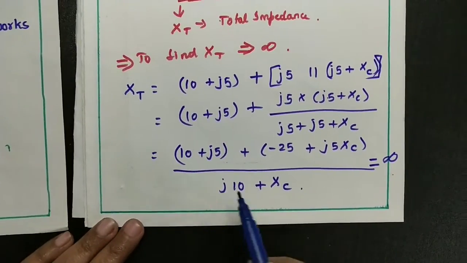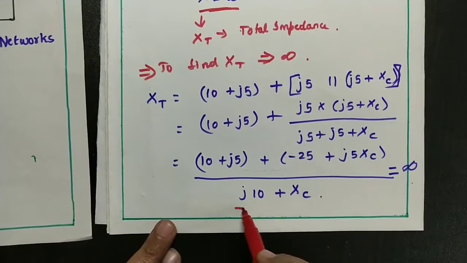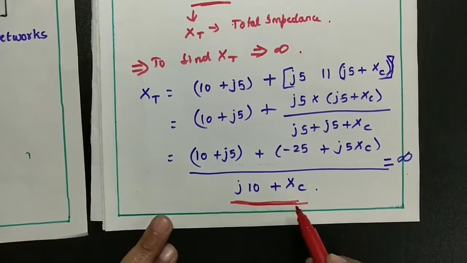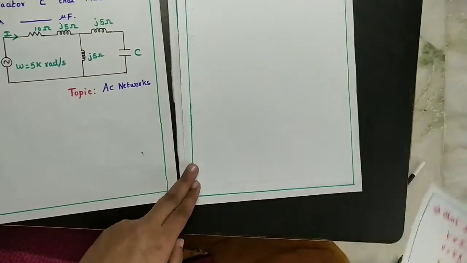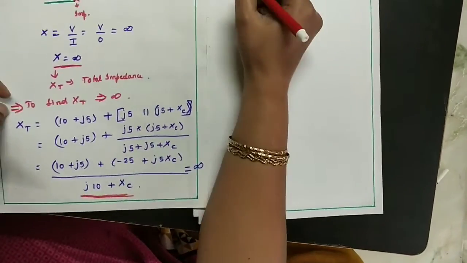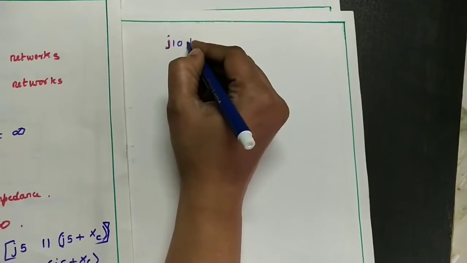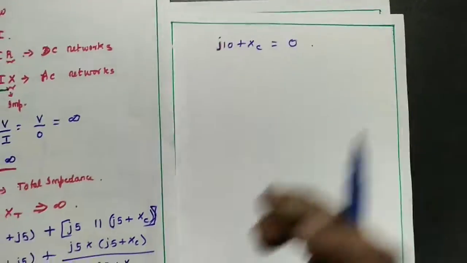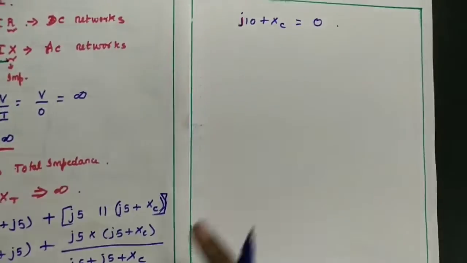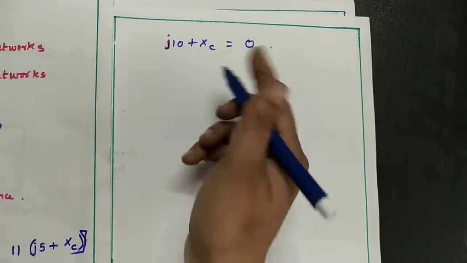We know anything by 0 is infinity, so we are considering only the denominator term to find the capacitance. The denominator term is j10 plus XC, that is equal to 0. Anything by 0 is infinity, so we are equating the denominator term j10 plus XC to 0.